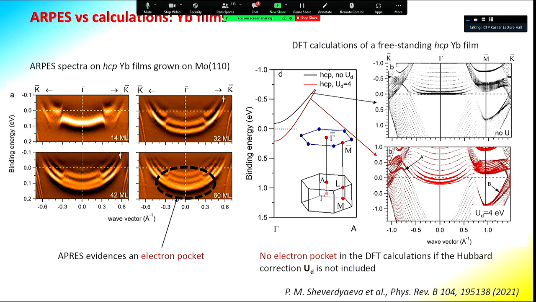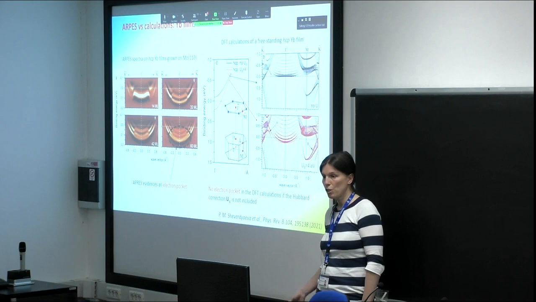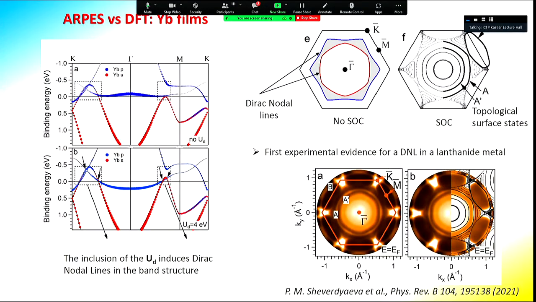In this case, it was shown that one can improve the agreement by taking into account the self-energy correction. In this way, one can get very good agreement with the band structure. Not only that, after including this self-energy correction, by Hubbard correction, it was found that ytterbium also has some topological properties which emerge.